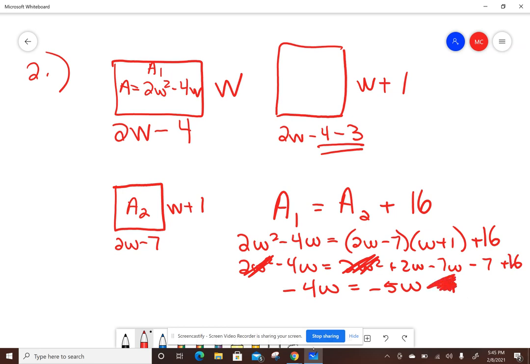So 16 minus 7, this is plus 9. So if I add 5W to both sides, I get W equals 9. So this wants to know, find the original dimensions. So the original dimensions would be a width of 9, and this would be 14, because 2 times 9 is 18 minus 4 is 14.